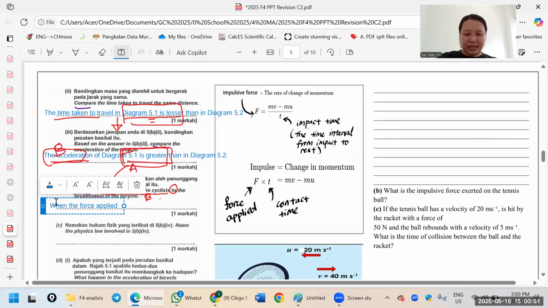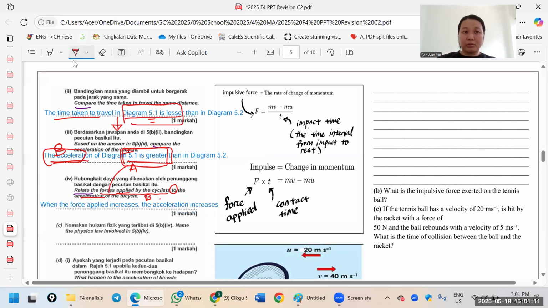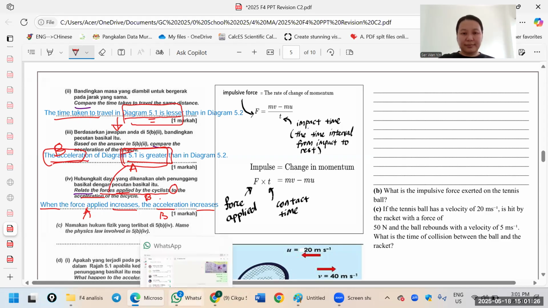When the force applied increases, the acceleration increases. Okay, so be careful when increases. When A increases, B increases. This kind of the format of the sentence.